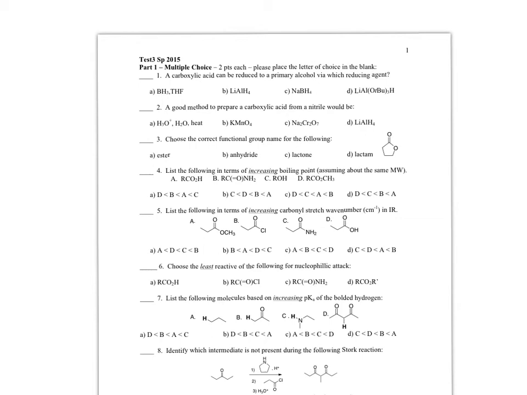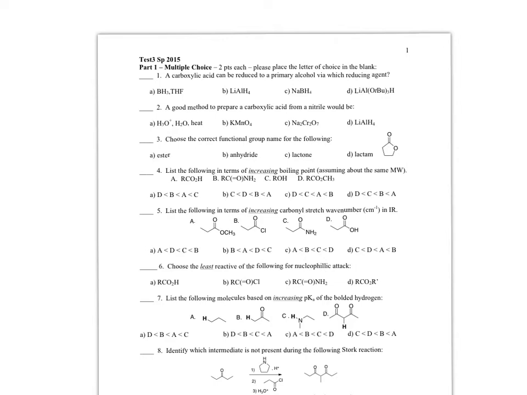Alright class, we're looking at an old test for test 2, and we're going to start with the multiple choice. The first question says, carboxylic acid can be reduced to a primary alcohol via which reducing agent? It gives us some options: borohydride, lithium aluminum hydride, sodium borohydride, and D, lithium aluminum tri-tert-butoxide hydride.